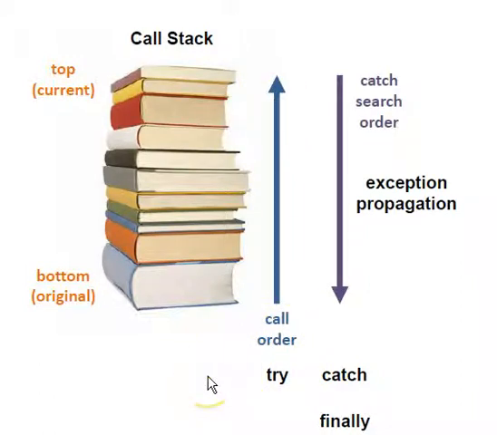In Java, with the exception handling mechanisms, there are some keywords. The keyword try is used when you want to try some code and you put it in a block, and if an exception happens in that block of code, you want the ability to handle not just any exception, but particular exceptions.